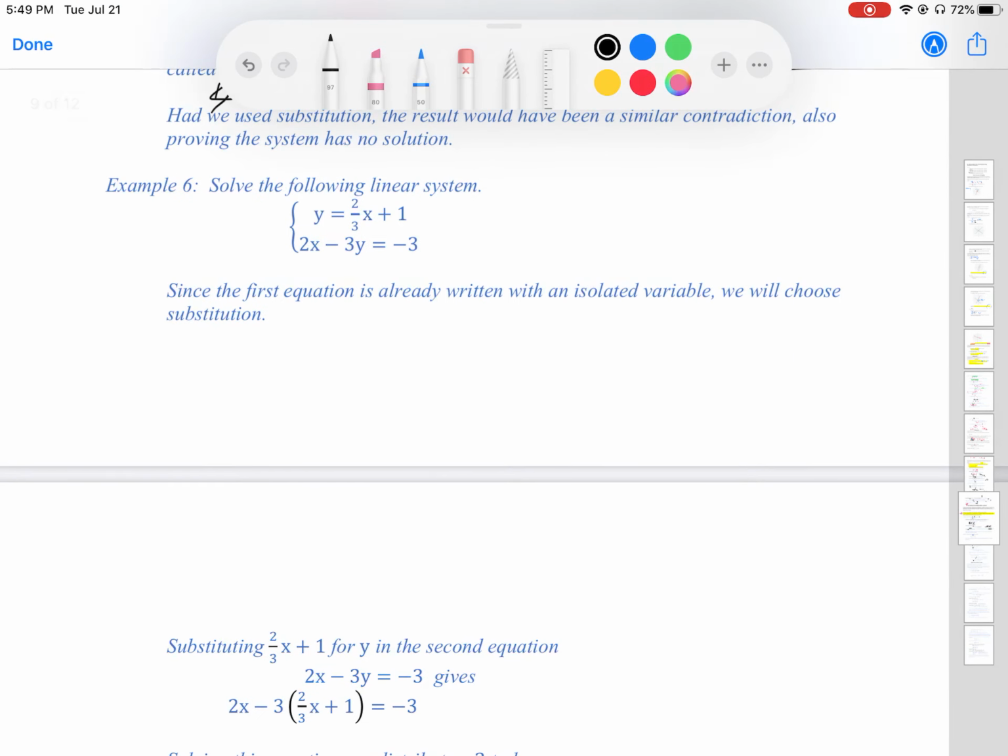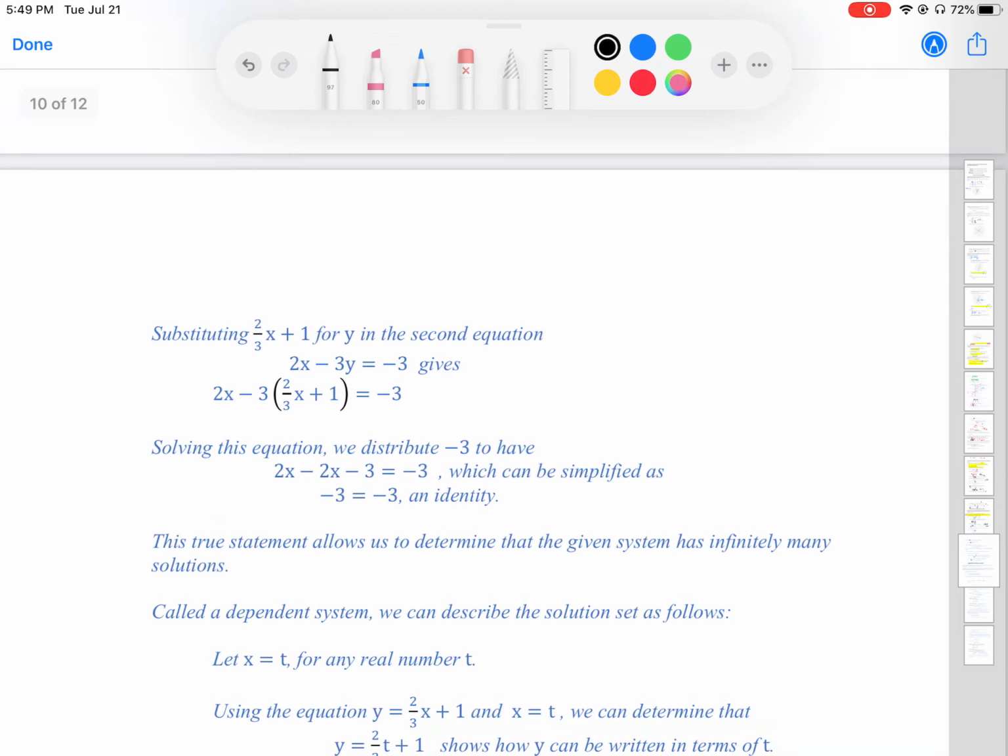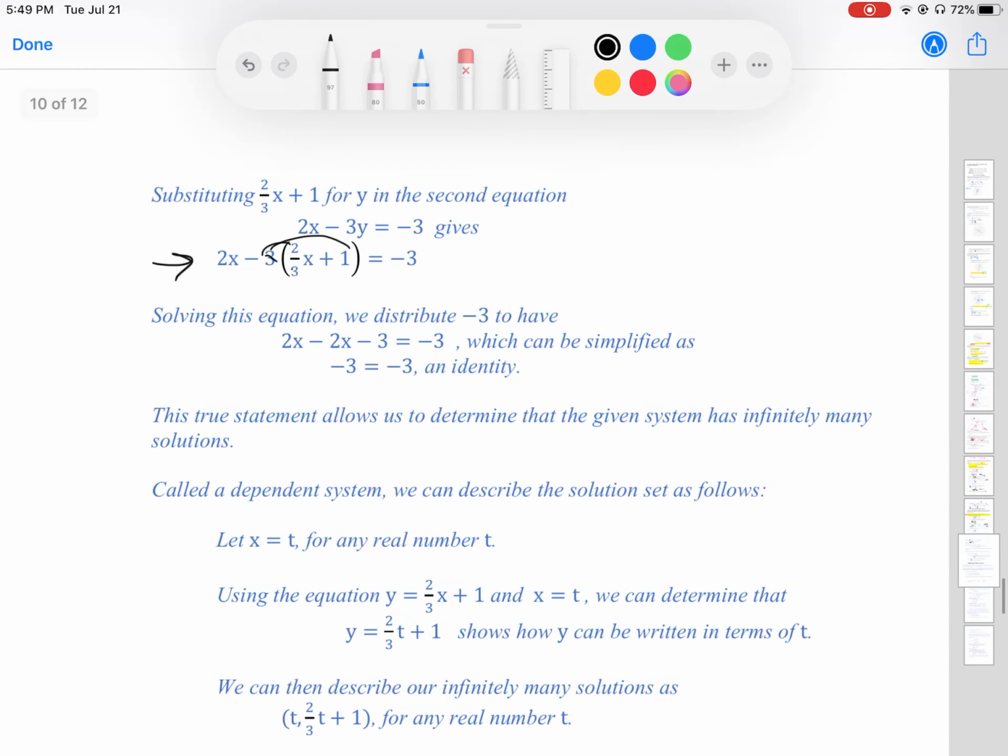Example 6. Solve the following system. All right, we see that y is by itself, so let's go ahead and use substitution. Let's take this set of numbers and plug it in for our y. All right, if we do so, we're left with this here. All right, let's distribute our 3. And we see that my 3's cancel, and we're left with 2x minus 2x minus 3 equals -3.